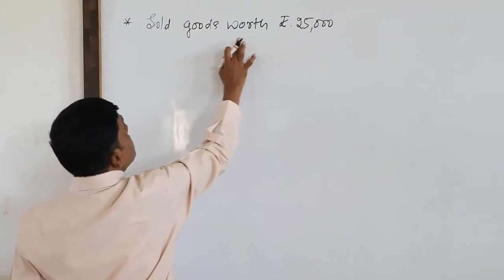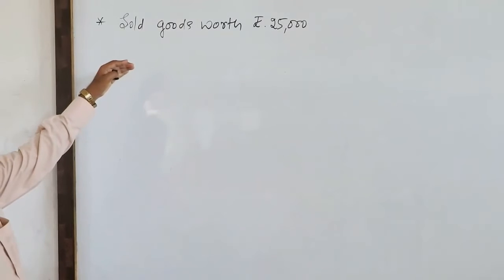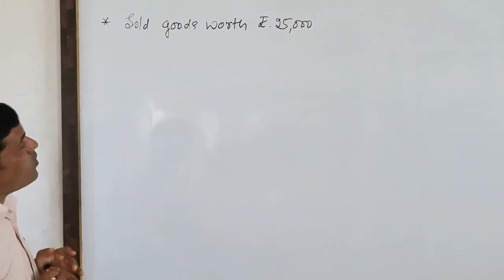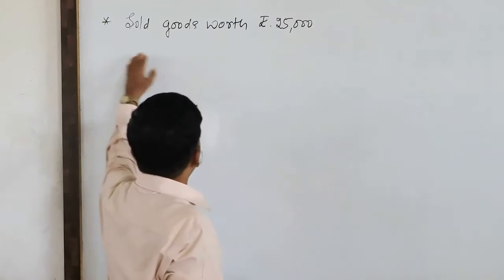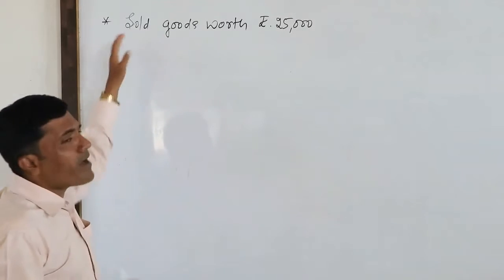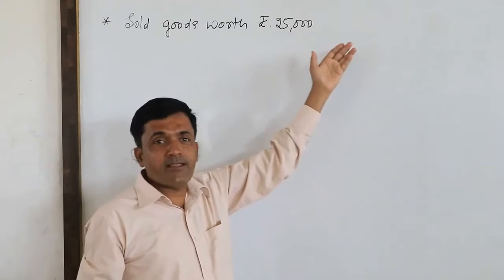This is a very simple sentence for the rough work entry, dear students. Look here, sold goods worth rupees 25,000. What does it mean? In Kannada we can say goods worth 25,000 rupees have been sold.